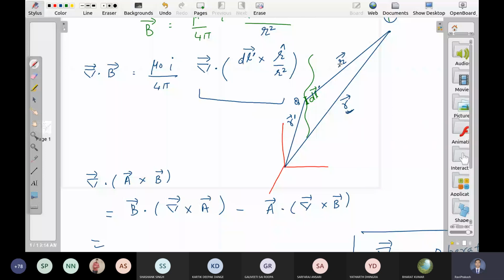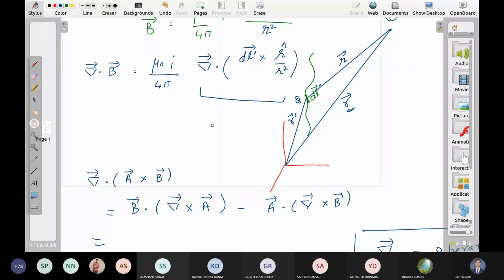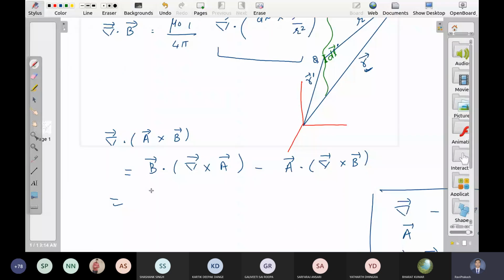So B dot del cross A means R cap upon R square dot del cross dl prime, minus A dot, A dot means dl prime dot del cross R cap by R square.